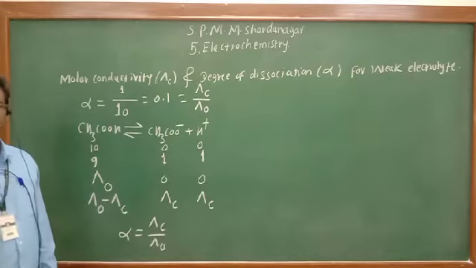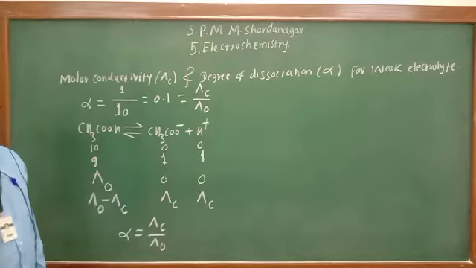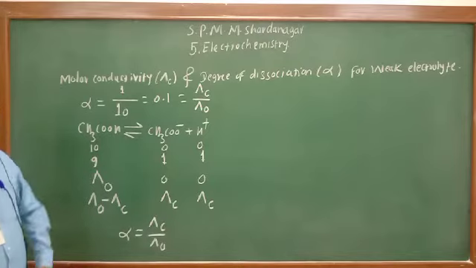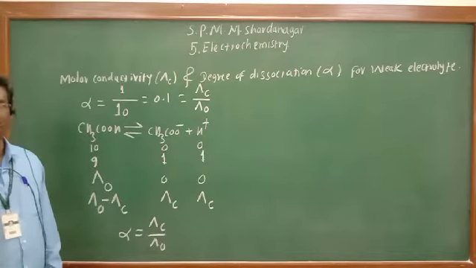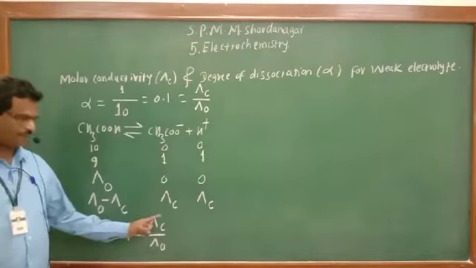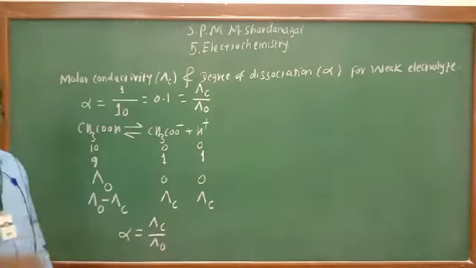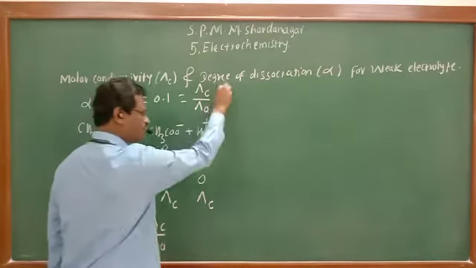Now Ostwald dilution law we have studied, and we can obtain the relation for dissociation constant in terms of lambda c and lambda 0. See how that equation is obtained.